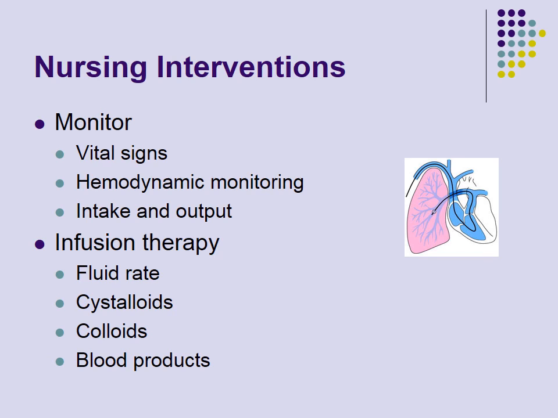They will put an arterial line in so that they can constantly monitor blood pressure. Another good thing about an arterial line is you can get your blood gases whenever you need them. A Swan-Ganz or any kind of hemodynamic catheter can give us readings of the cardiac output, the pulmonary artery pressure, the wedge.